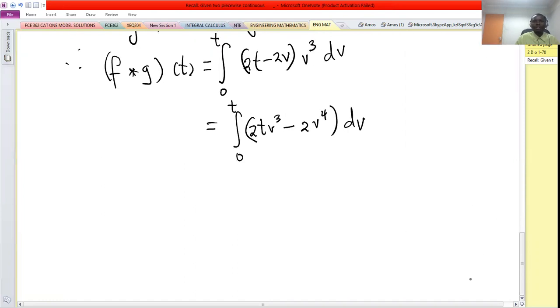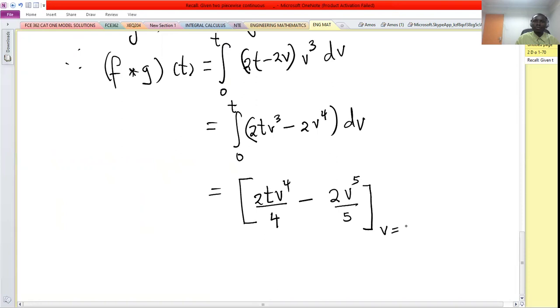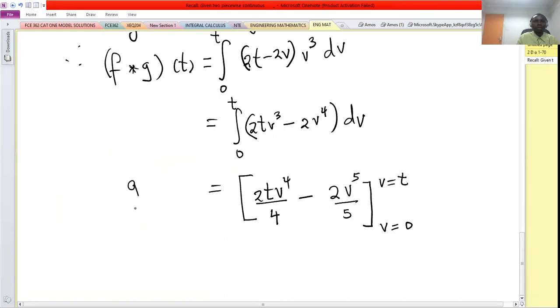This is a very easy integral to evaluate. So when you evaluate this, you get 2t v power 4 divided by 4 minus 2v power 5 over 5, with v from 0 to v equals t. Those are the limits of integration.